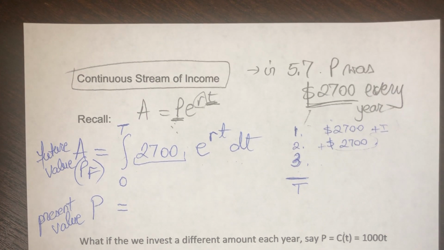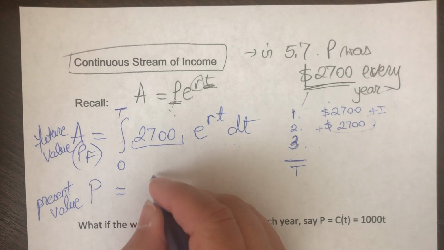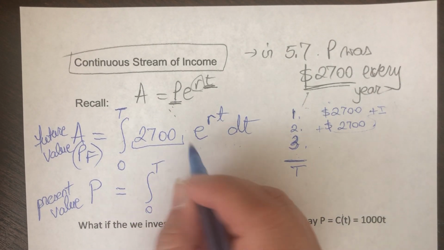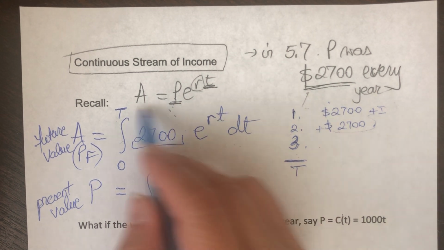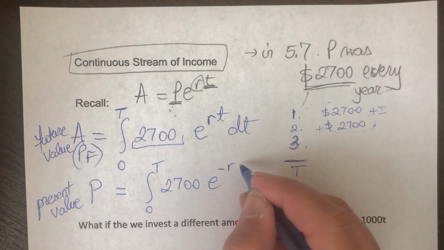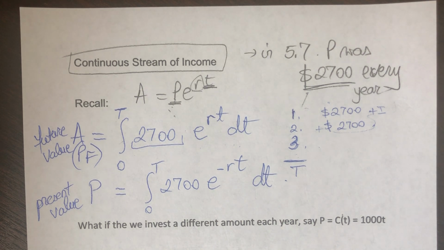So the present value right now that would give me $2,700 every year for this many T years. So the present value, we found it by doing the same thing, except for what? We divided by e to the RT, so we had a negative exponent, remember that? So these were your two formulas that we played with in section 5.7.